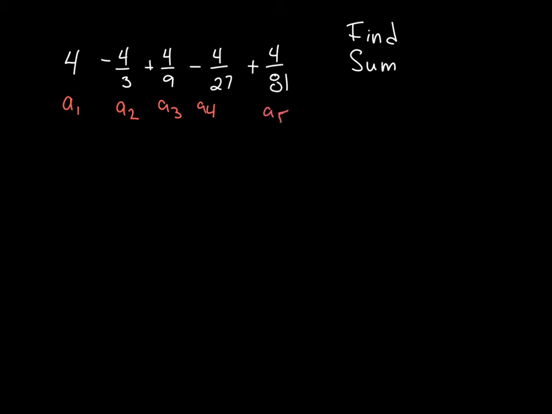Now, you can add that all up by hand, but I do want to use a formula. I want it written in summation notation. So we know the sum goes from k equal to 1 to n, and inside here is the explicit formula.